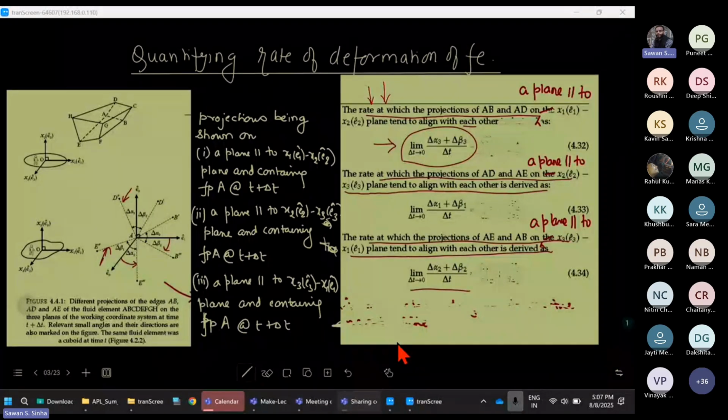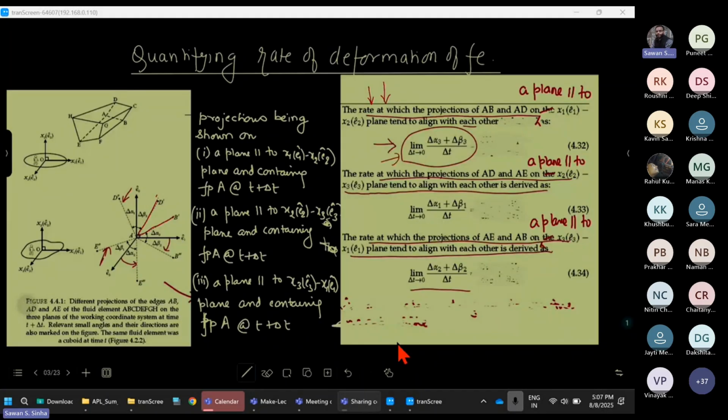So the rate at which the projections of AB and AD on a plane parallel to x1, E1, x2, E2 plane tend to align with each other. At what rate these two line segments are trying to come close to each other, trying to collapse to each other.